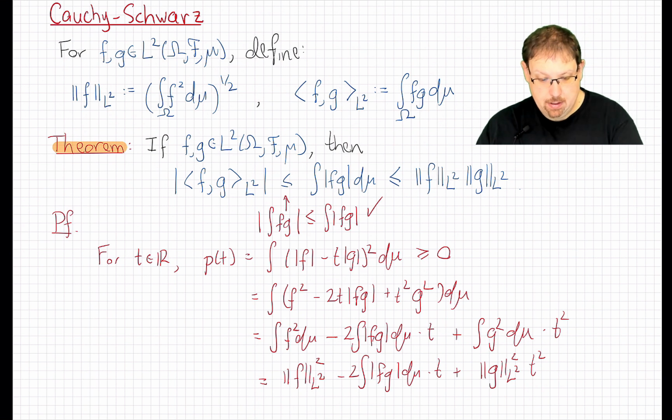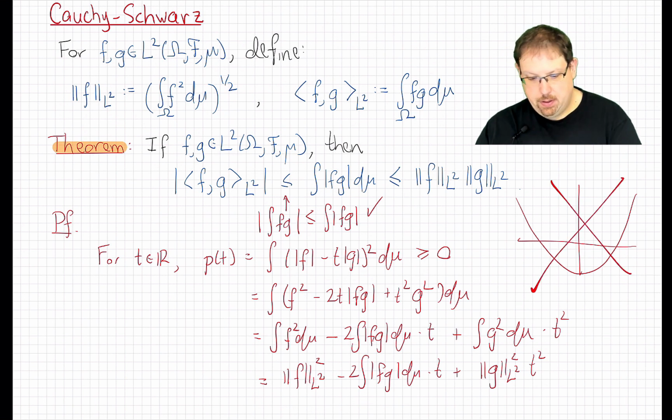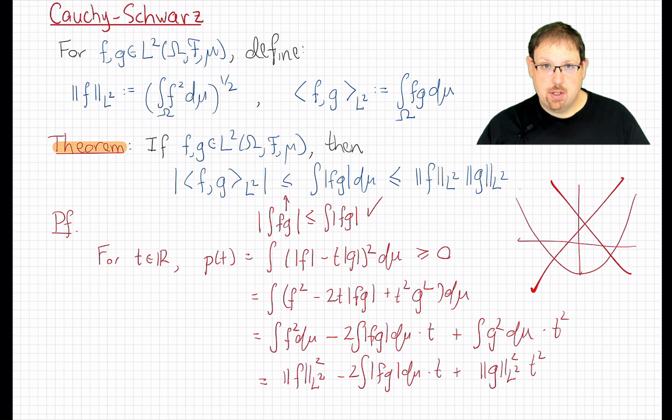What does that mean? That means that this is not allowed. This polynomial cannot have two distinct real roots. It could have a double root somewhere, or it could have no real roots. But if it has two distinct real roots, it will not be positive everywhere.